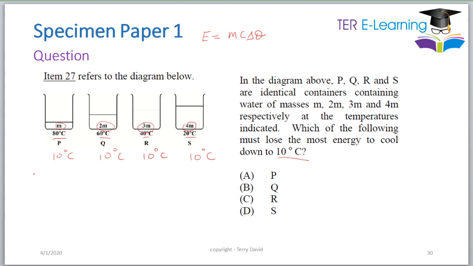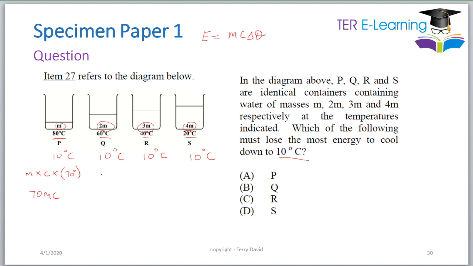So in the first case for P, the energy it's going to lose is going to be M by C, multiplied by my change in temperature, which in this case will be 80 degrees minus 10, which is 70 degrees. All right. So my energy loss in the first scenario will be 70 MC, right?